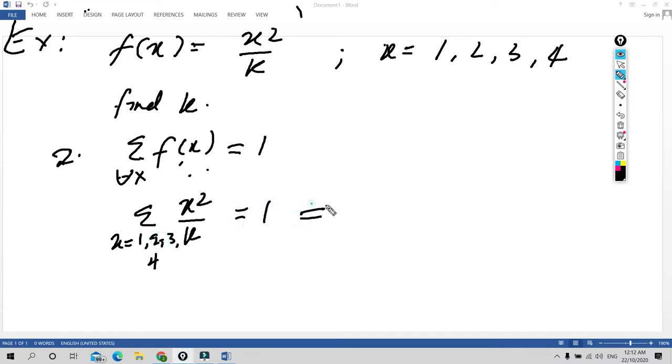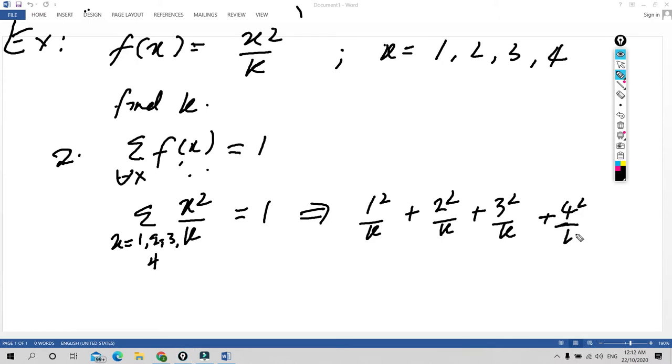So 1 squared over k plus 2 squared over k plus 3 squared over k plus 4 squared over k must equal 1.